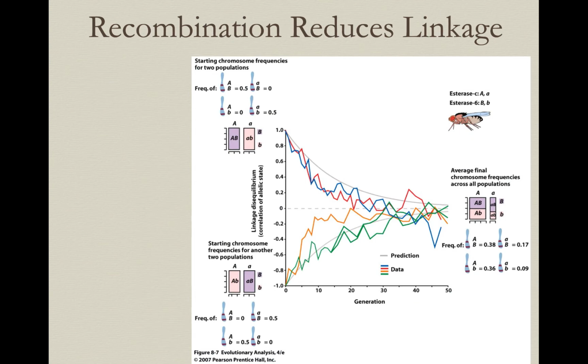So they took a population of flies with two different loci, and they took populations that are fully in linkage disequilibrium for one extreme or the other. So one population had the haplotype big A, big B. The other haplotype at these flies, their other chromosome, was the haplotype little a, little b.